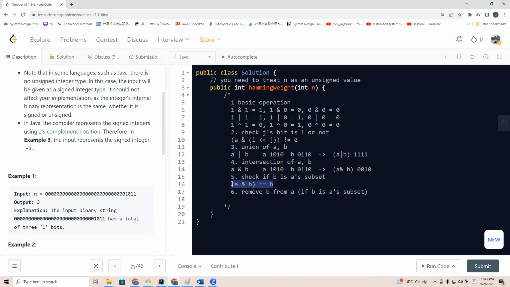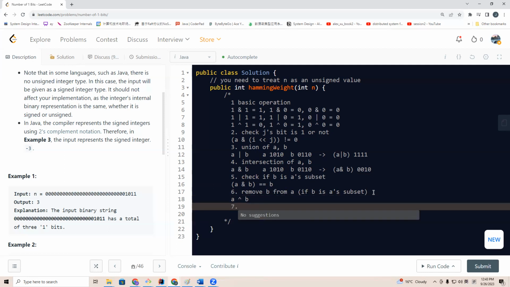If it is, then we want to remove this kind of state, so we'll use A XOR B.